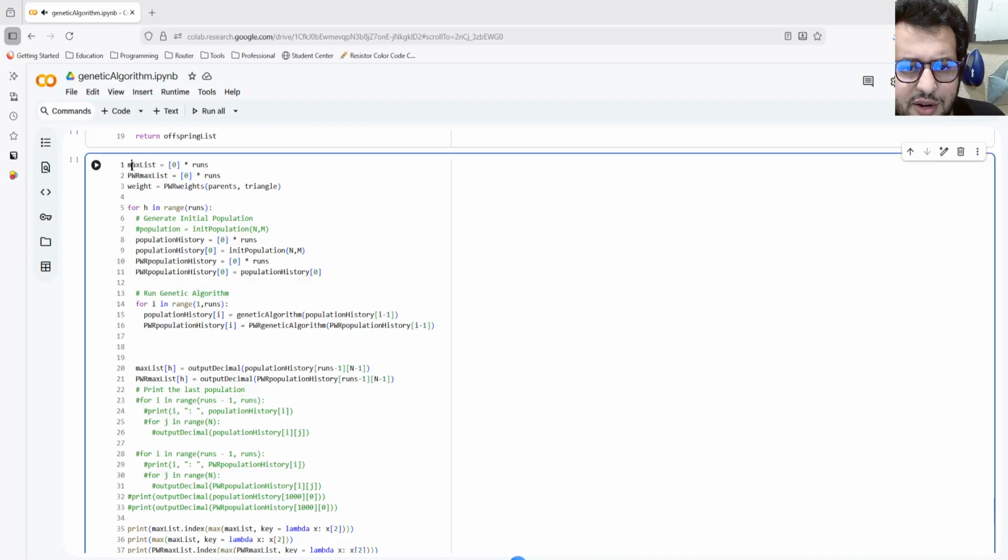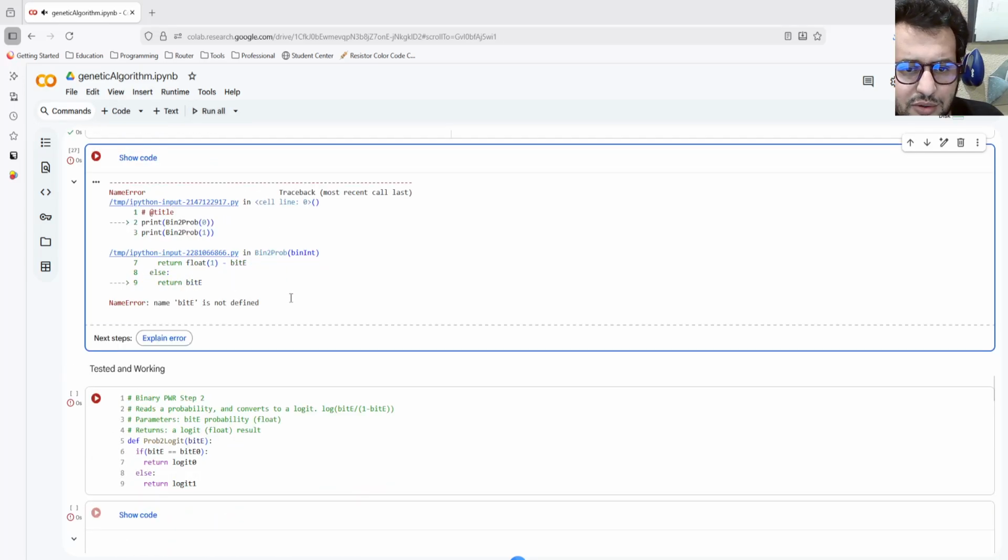So what I've done here is, instead of just running the algorithm 200 times, I've run it 200 times, then got the max value from that generation list, and then put it into a max list where we're going to collect 200 more samples, and the maximum of the max list is going to be the value we use. So let's see, I'm going to run them all, and hopefully there's no problems.